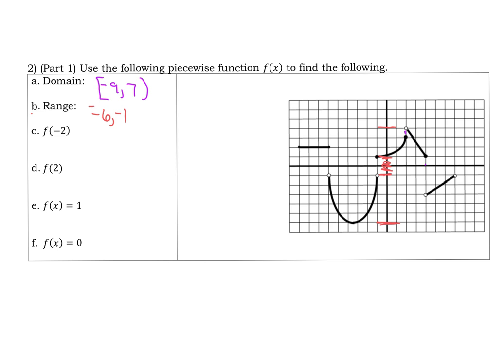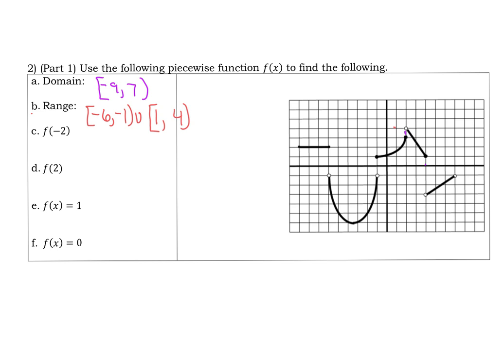And at -6 is a hard bracket because that's a point on the graph. And up there at -1 is a parenthesis. And then to go with it, I'm going to start off again at 1 and go up to 4. 1 is a closed bracket because that's a closed circle, up to a parenthesis. So there's two pieces of my range.